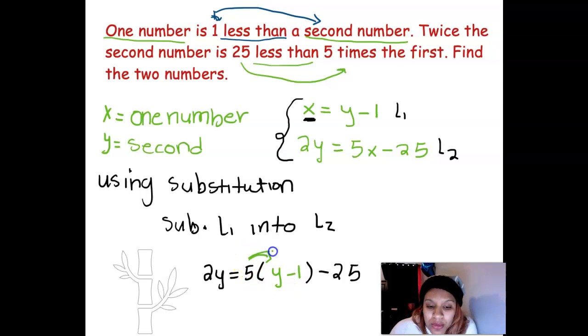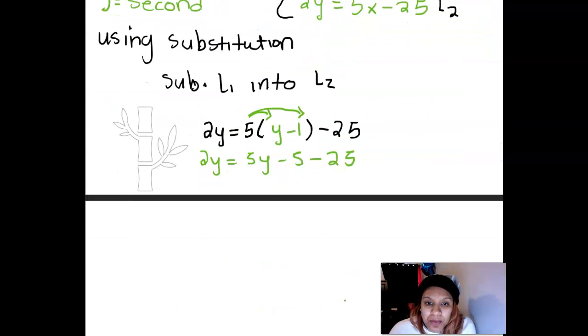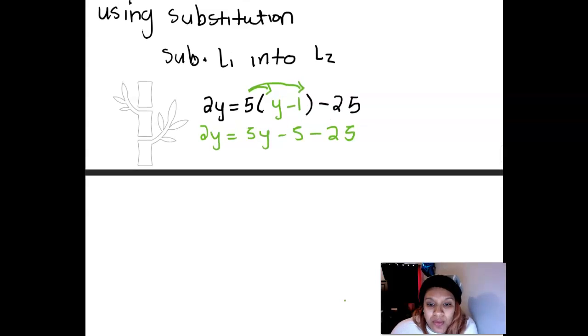Now I need to distribute and combine like terms. Combine the -5 and the -25. That gives you -30.